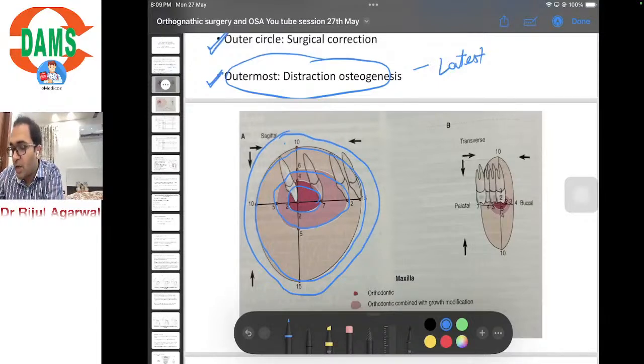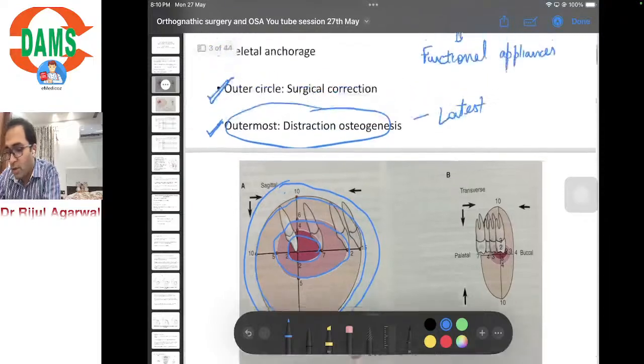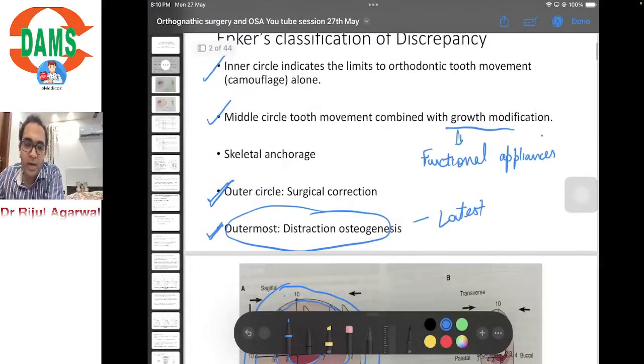I'll repeat again, the outermost circle represents the movements which can be carried out via distraction osteogenesis. So if the exam uses the word outermost, please remember the examiner has asked according to the latest protocol. That means the outermost is distraction, or distraction is mentioned in the option. So the outermost circle represents distraction osteogenesis.